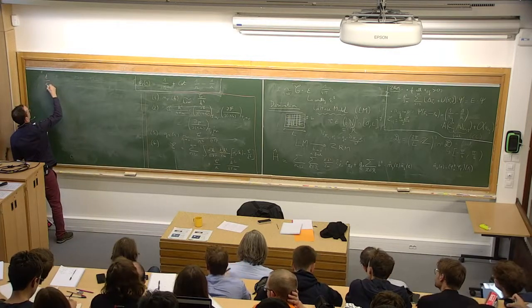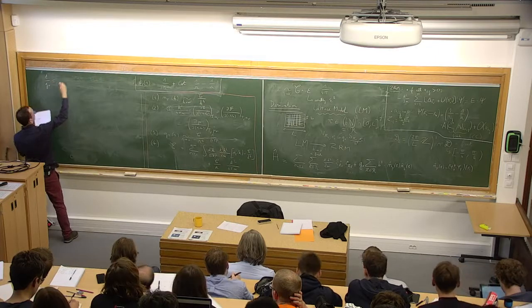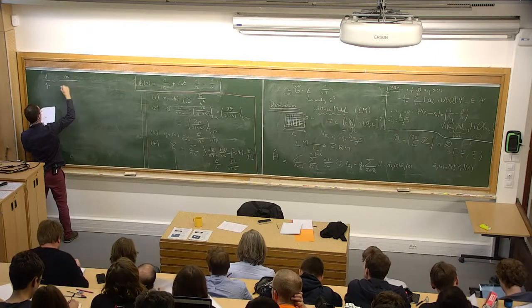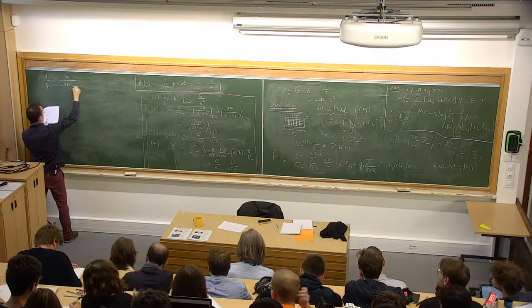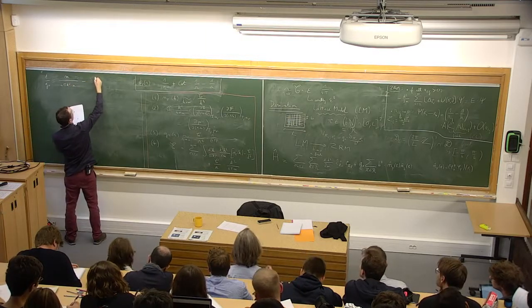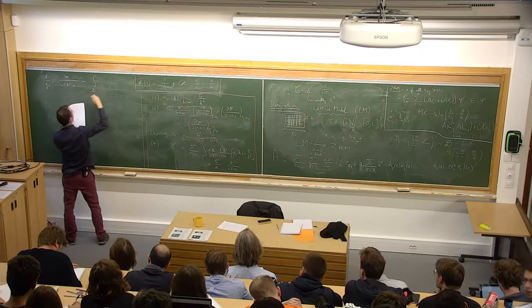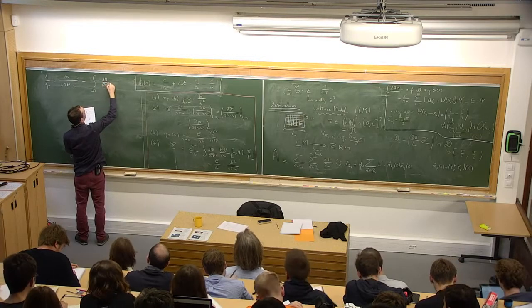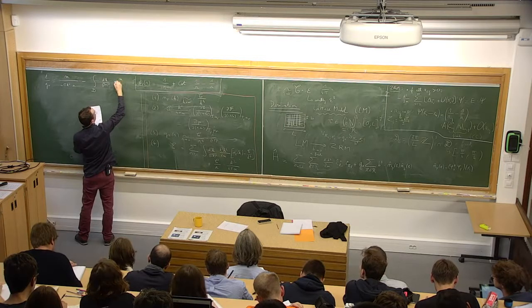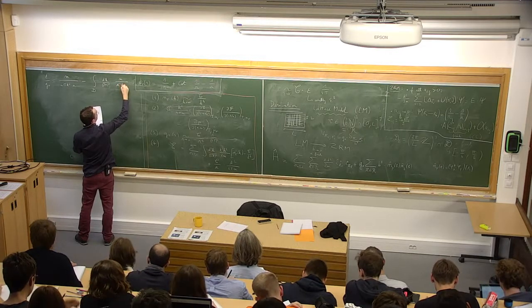1 over G0 is equal to m over 4 pi h bar squared a, minus the integral over the first Brillouin zone d3k over (2 pi) cubed, m over h bar squared k squared.